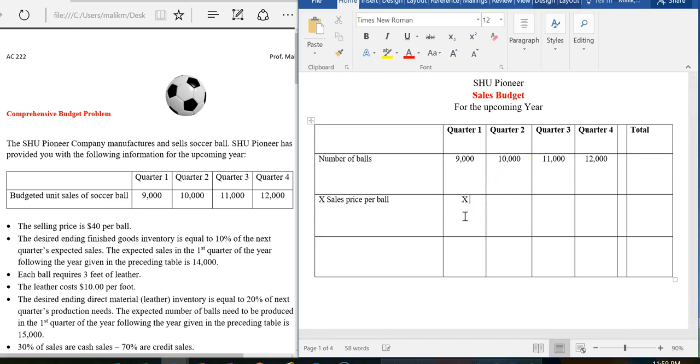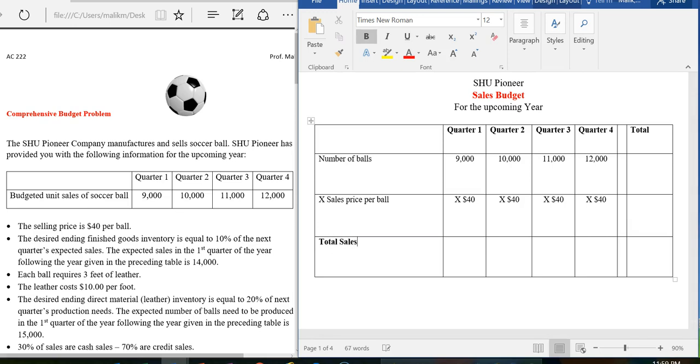For every quarter, we multiply the number of balls that they are planning to sell by this $40, which is the sales price per ball. And this is how you will get their total budgeted or projected sales revenue.